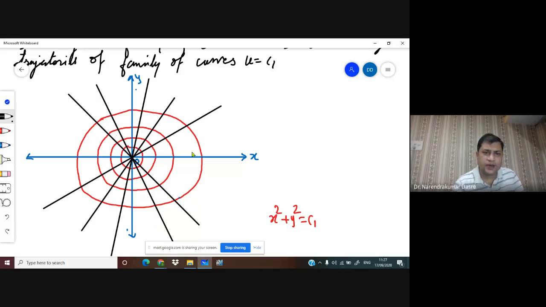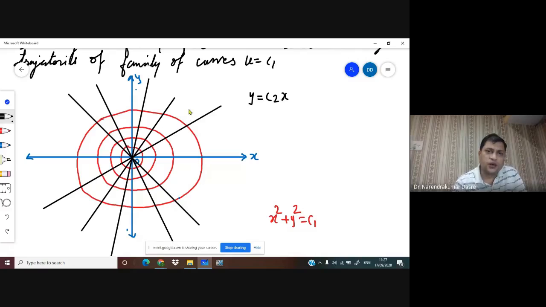This is the family of lines, which we can say y is equal to c2 x, because all these lines are passing through the origin. So this is another family of curves, and this is the one family of curves.